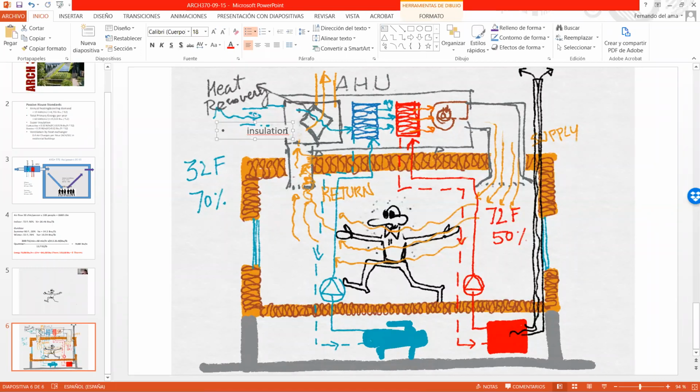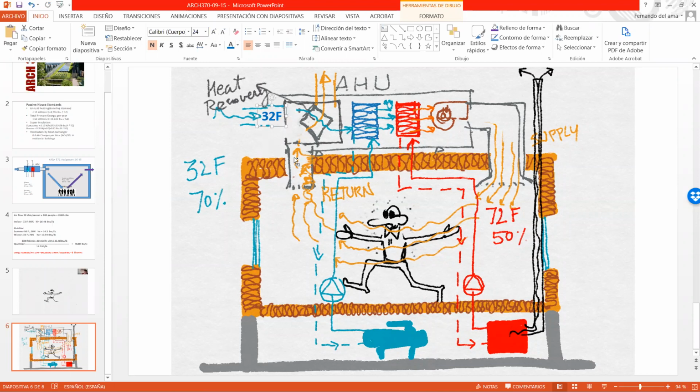So the air temperature here is 32 Fahrenheit. Okay, the air here is 32 Fahrenheit. It's just winter air and that's it.